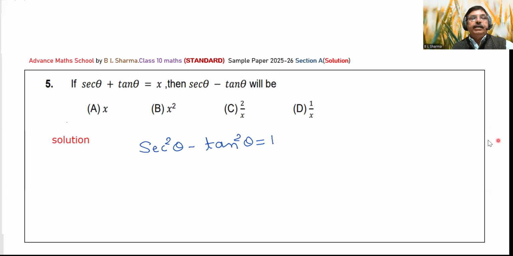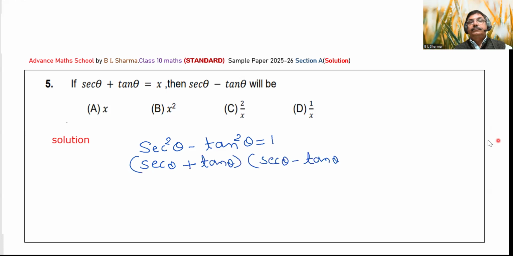Factorize the left side, x square minus y square is equal to x plus y, x minus y. So sec square theta minus tan square theta is sec theta minus tan theta multiplied by sec theta plus tan theta. So sec theta minus tan theta is equal to 1 upon sec theta plus tan theta.